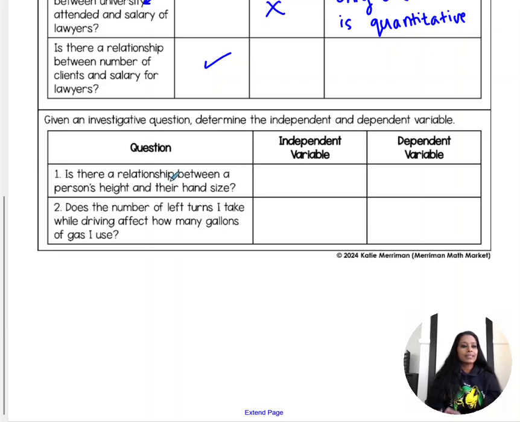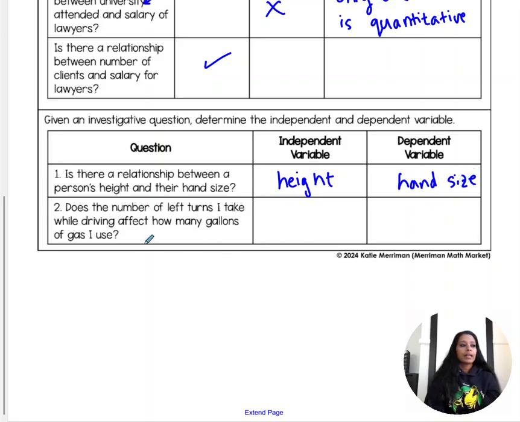Usually it's like the first thing that we ask, the height of a person. So we'll call that the independent variable. Does it affect how big your hands are? So your hand size, that is your dependent variable.